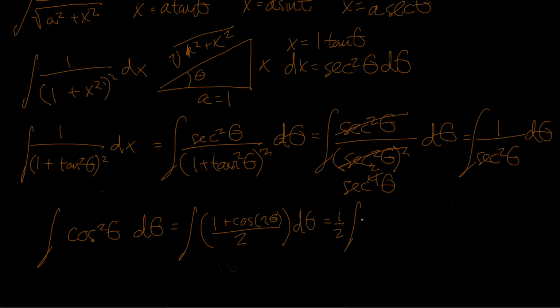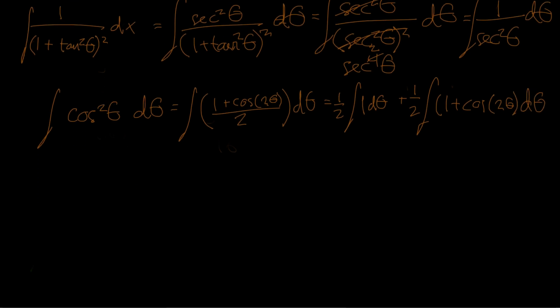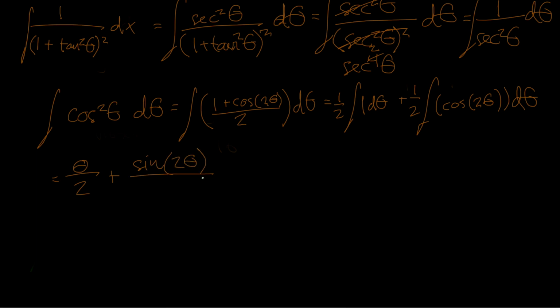And then we can break that up as the integral 1/2, right, just like this. And if you go through the steps, you will find theta over 2 plus sine 2 theta over 4. And this is our final integral in terms of theta.